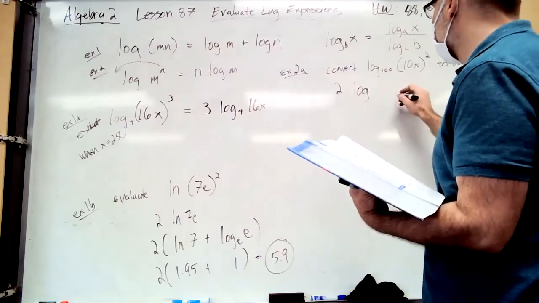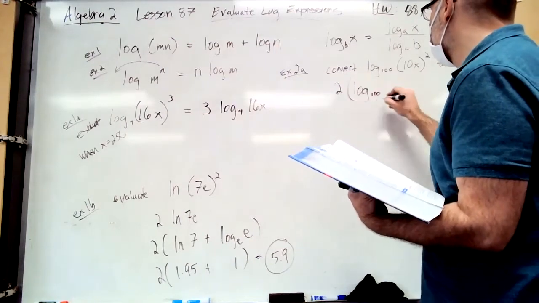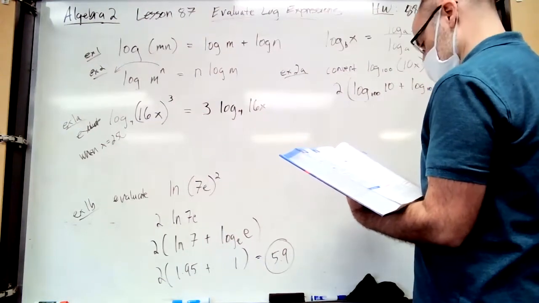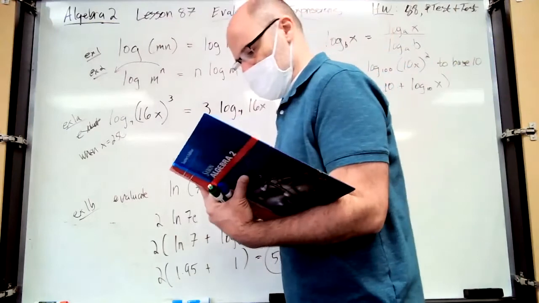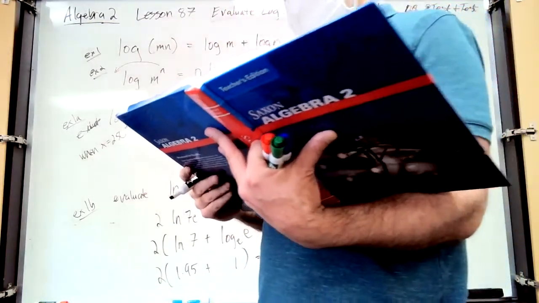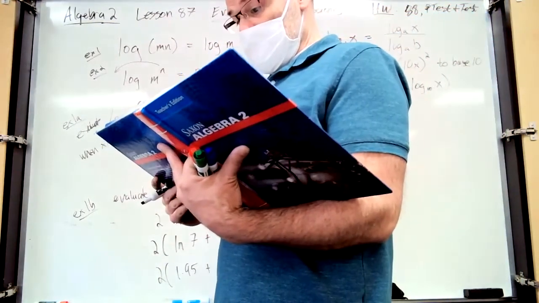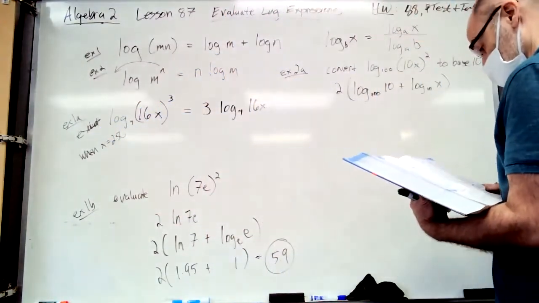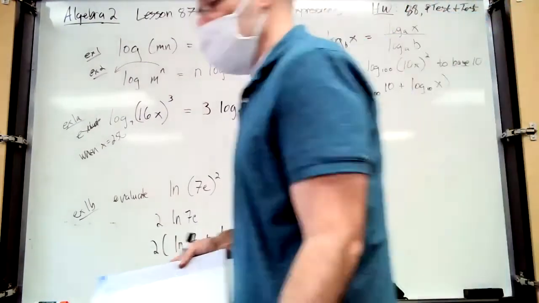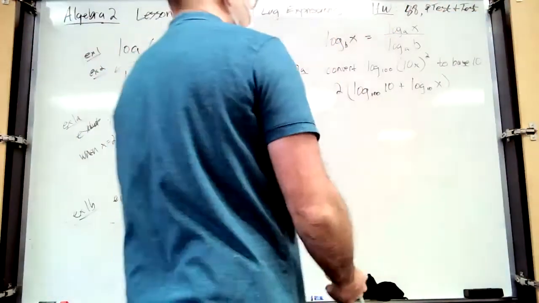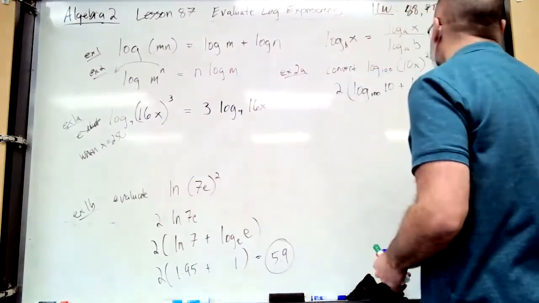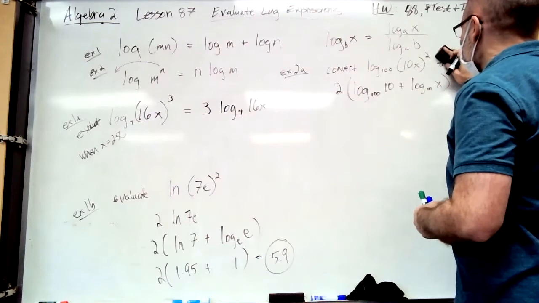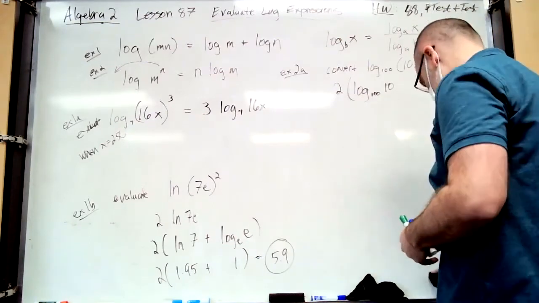So 2 times the log base 100 of 10 plus log base 100 of x. Let's not do that. Get too far ahead. I don't know why they did it like this, but they're getting rid of the exponent because there's no exponent in here. So what they're going to do is they're just going to do this.